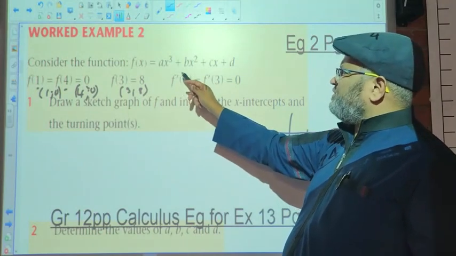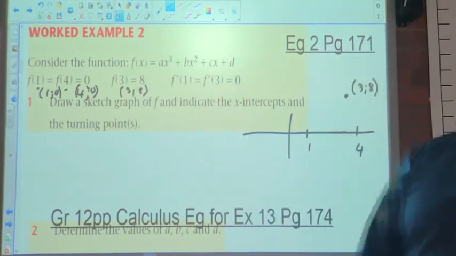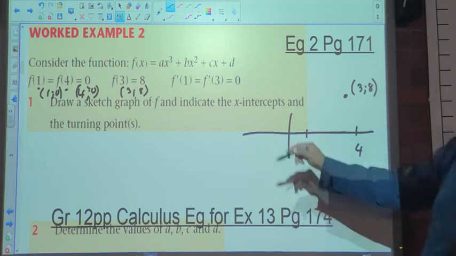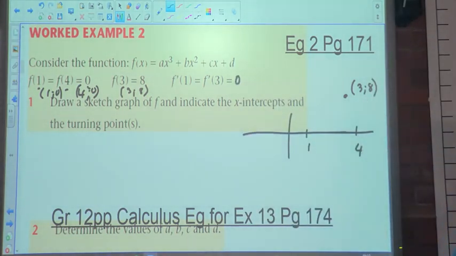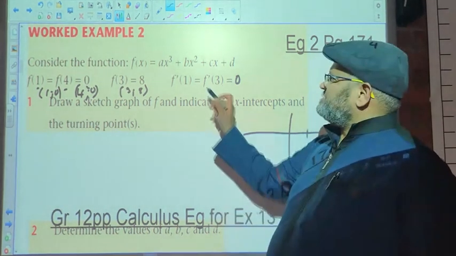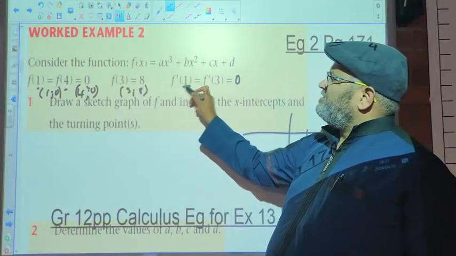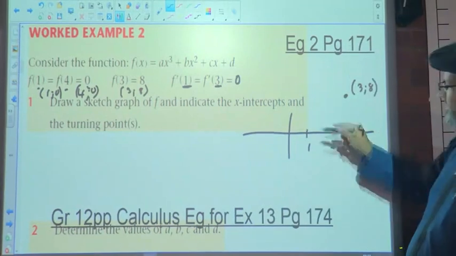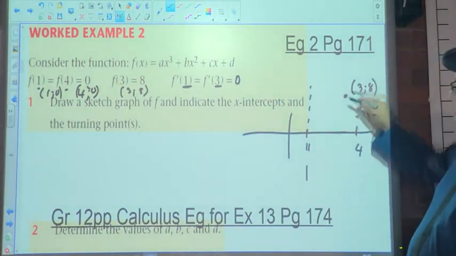Yes, it's your derivative, but when the derivative is equal to 0, we get stationary points. So what does that mean? That means that the graph has turning points at x equal to 1 and at x equal to 3.